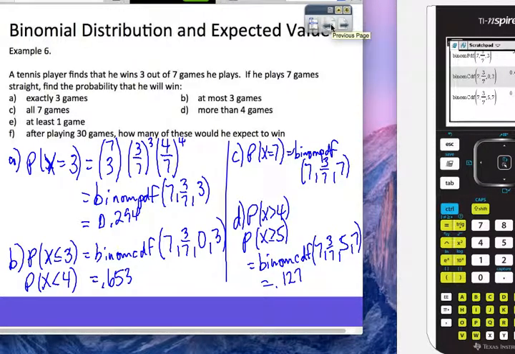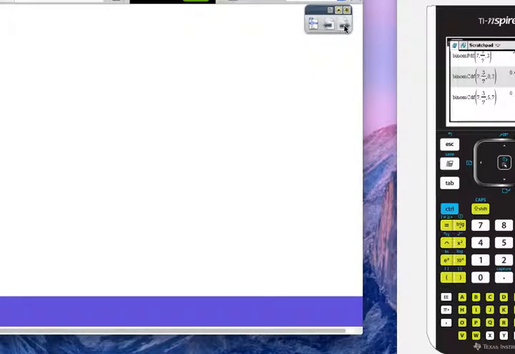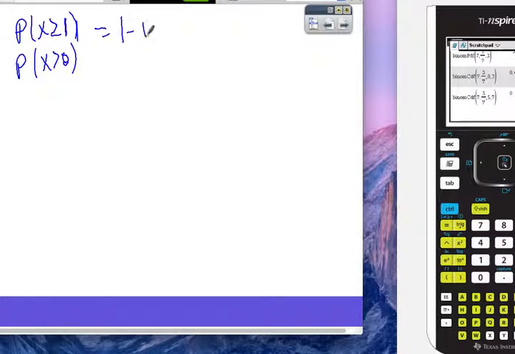And just for part E, at least one game. So at least one is the probability of x being greater than or equal to 1, like this. Or you can also write it as the probability of x being greater than 0. Those are equivalent. You can always do the calculation this way: 1 minus the probability that x equals 0.